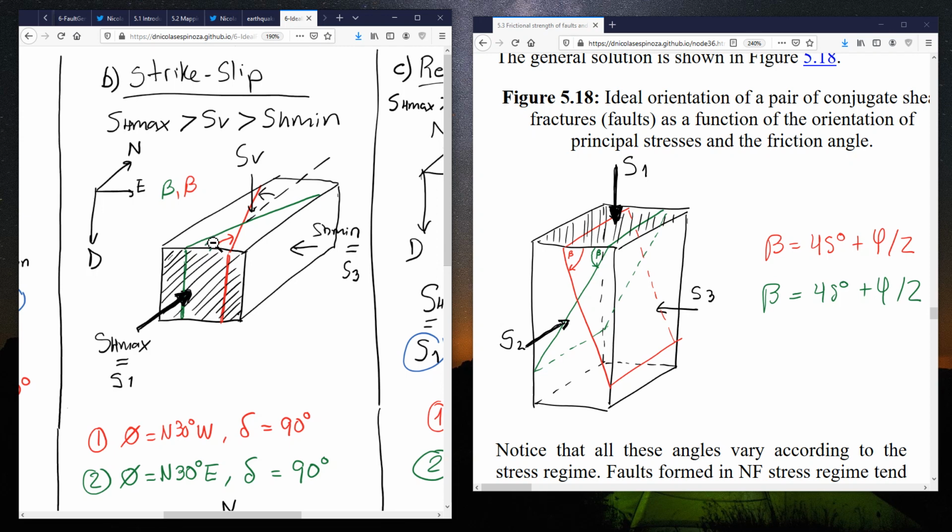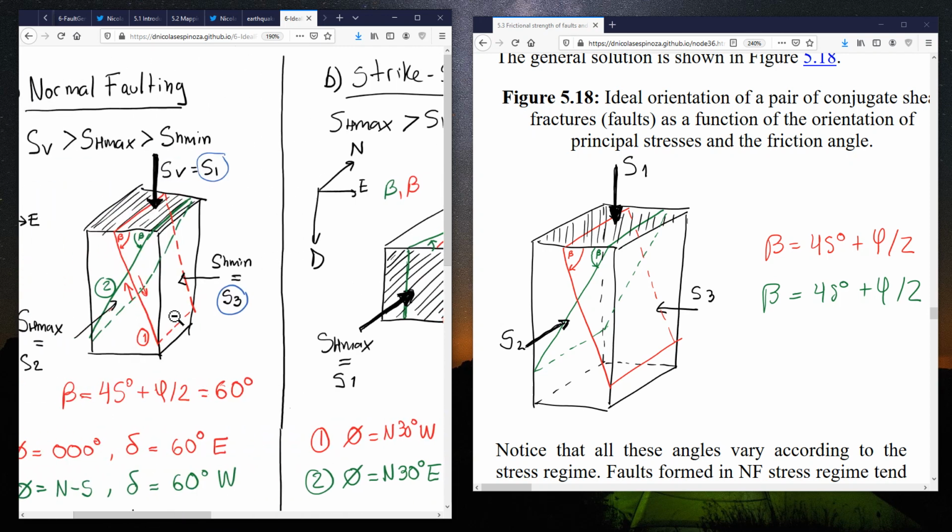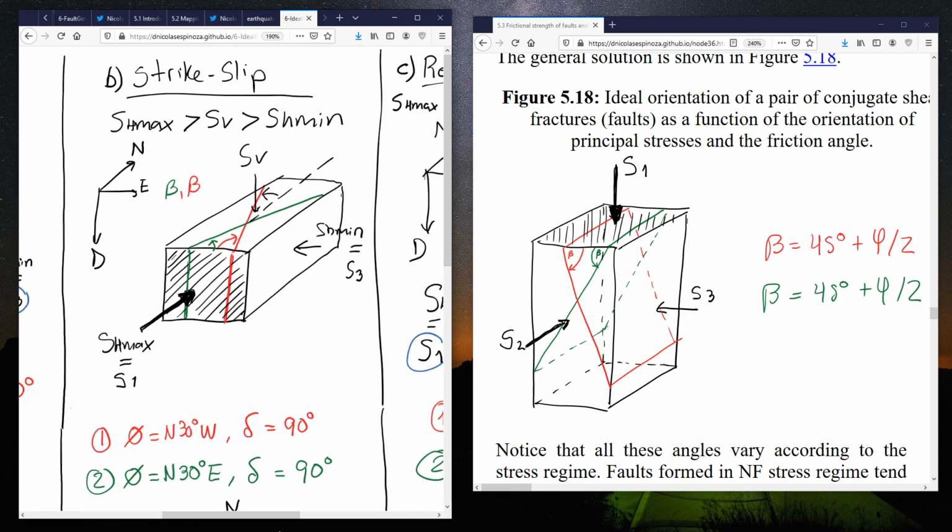So now notice that beta, opposite to what we had before, in which beta was a dip, in strike slip, beta is going to define a strike angle. For example, for number 1, the red one, the strike is going to be this angle, which is actually the complementary angle of 60 degrees.